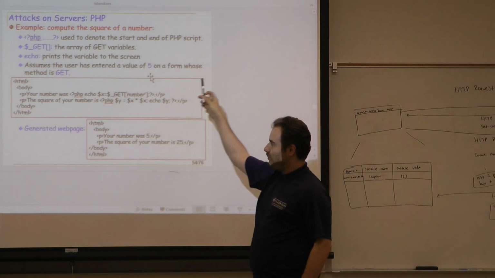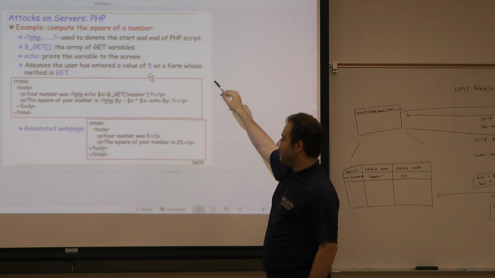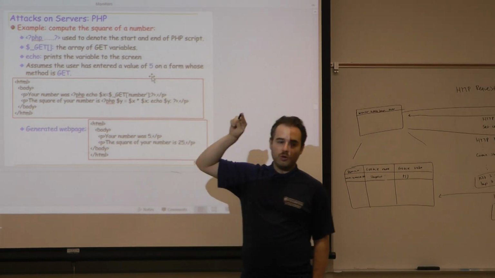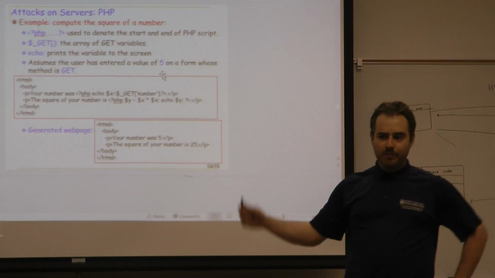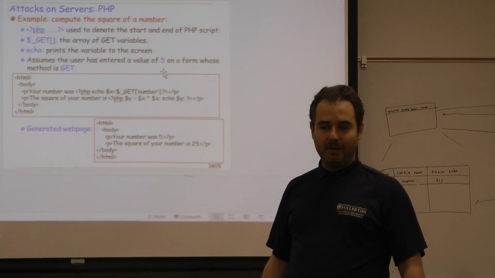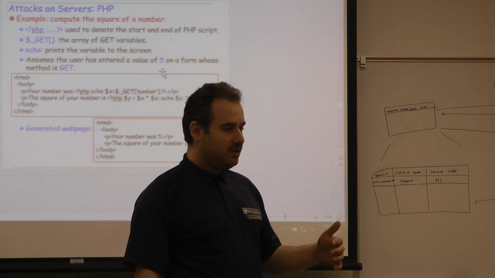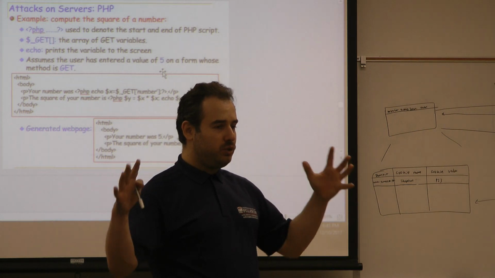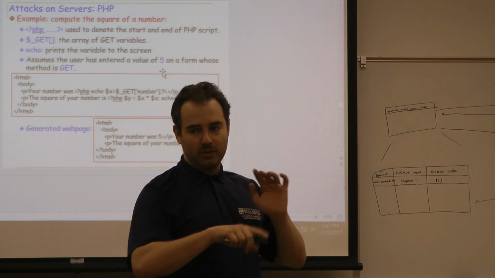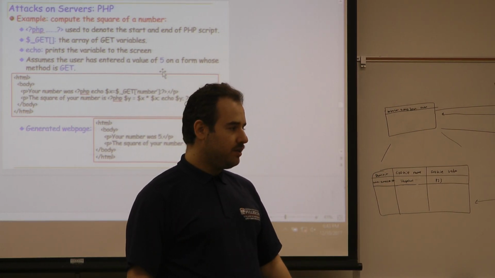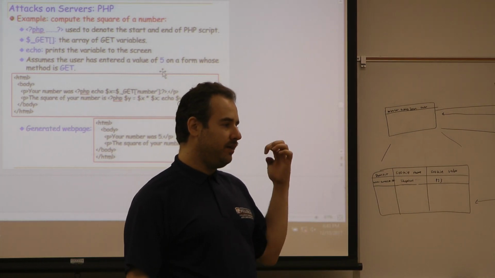So here is how a typical PHP server backend script works. The point of this backend script is that it's a backend to a web application where the user will input a number. The number will be sent to the server.